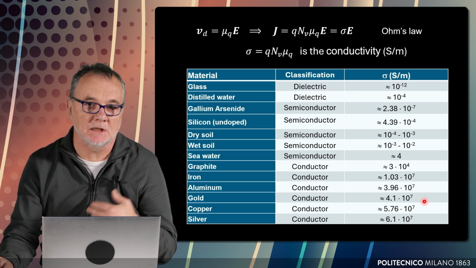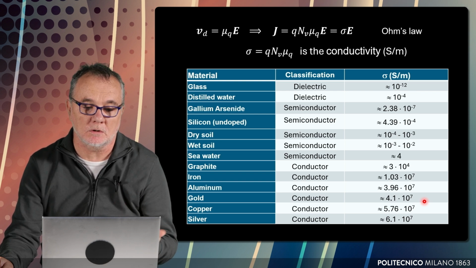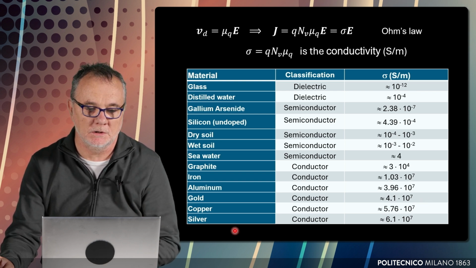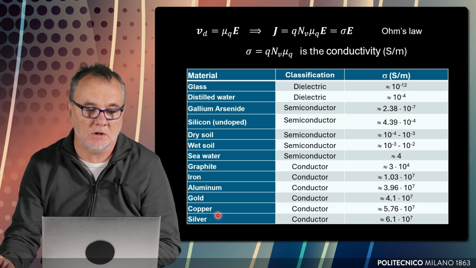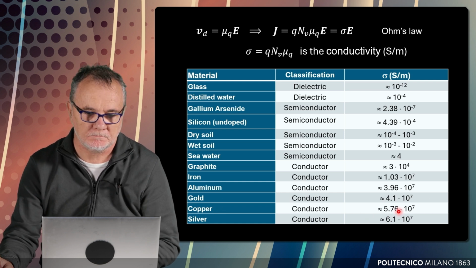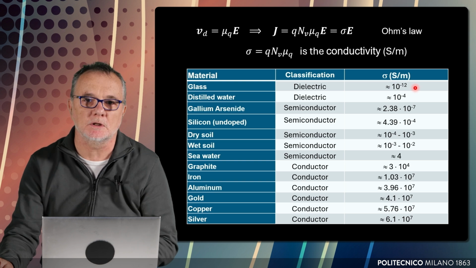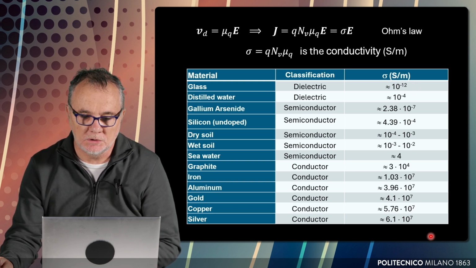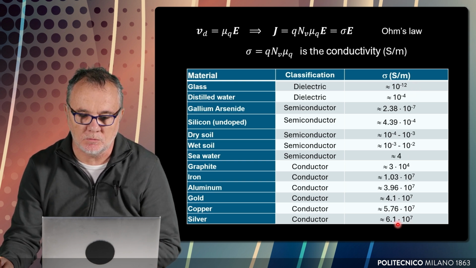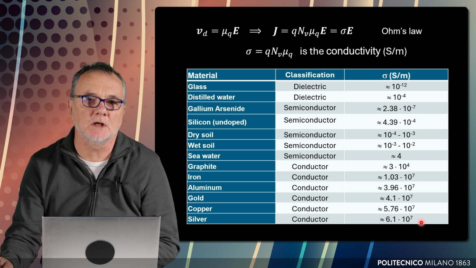The material that has the highest conductivity and is therefore more suitable for the flow of current is silver. Second place is copper, and third place is gold. As you see, we range from 10 to the minus 12 for insulating materials to 6.1 times 10 to the 7 for conductors.